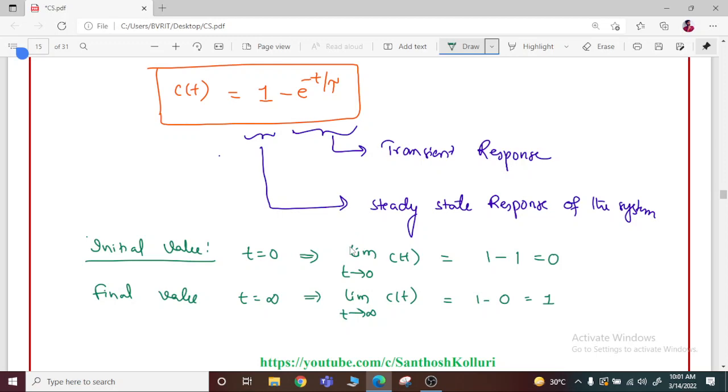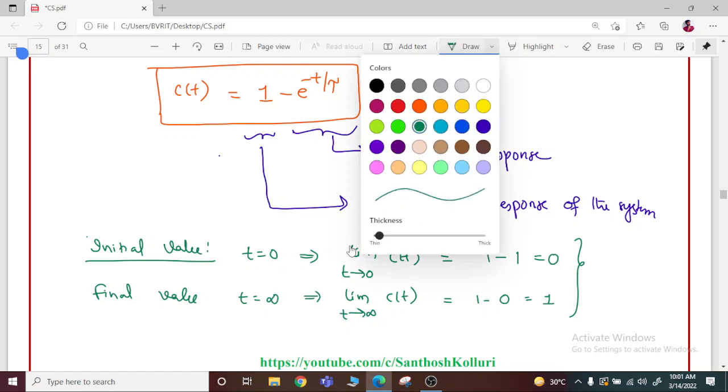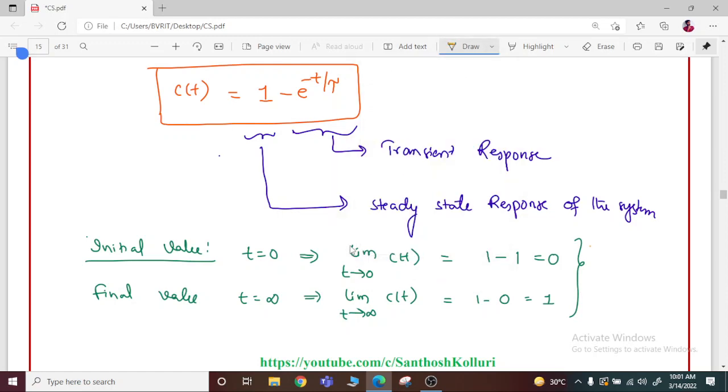Like this, limit s tends to infinity of s into C(s), which is nothing but limit s tends to infinity of s by s into 1 plus sT. So this becomes s by s into s, so this will become 0. So like that we can also do this.